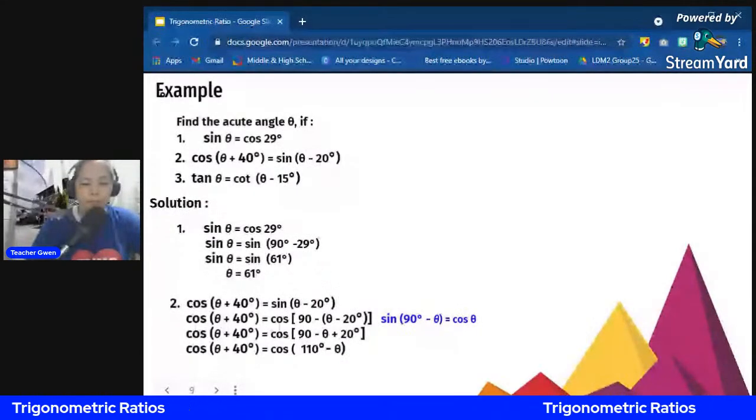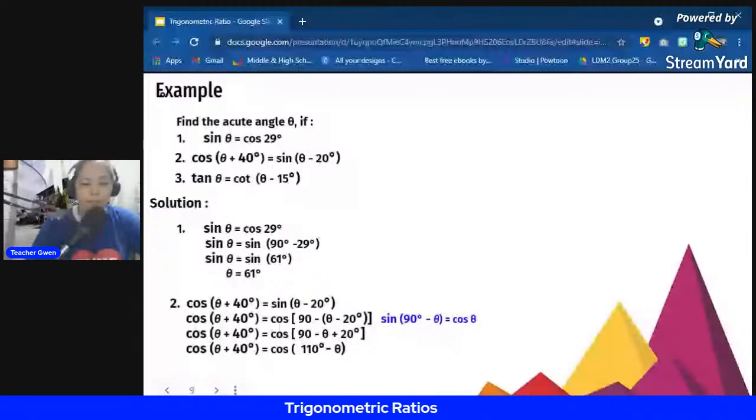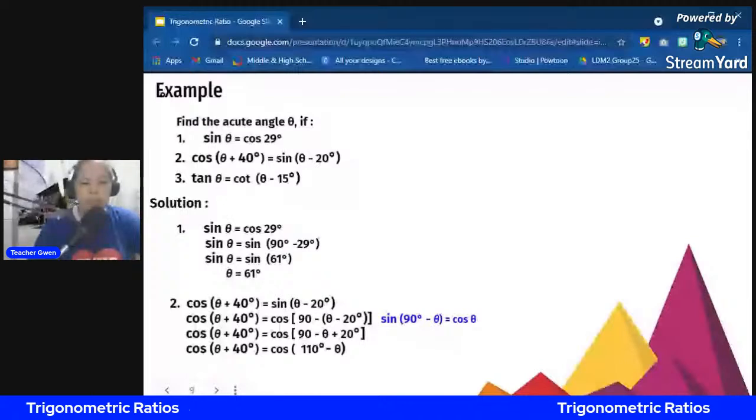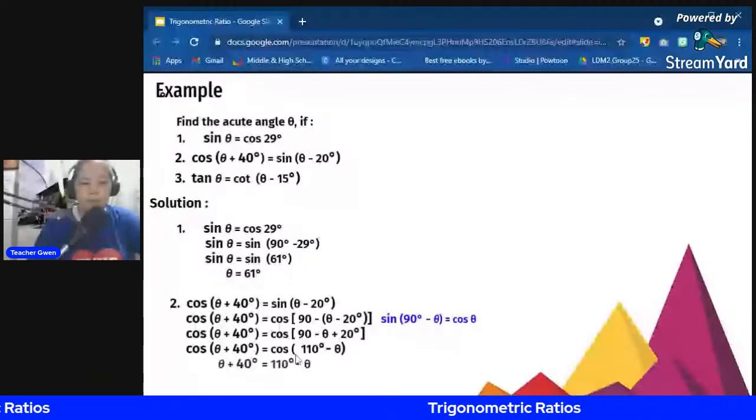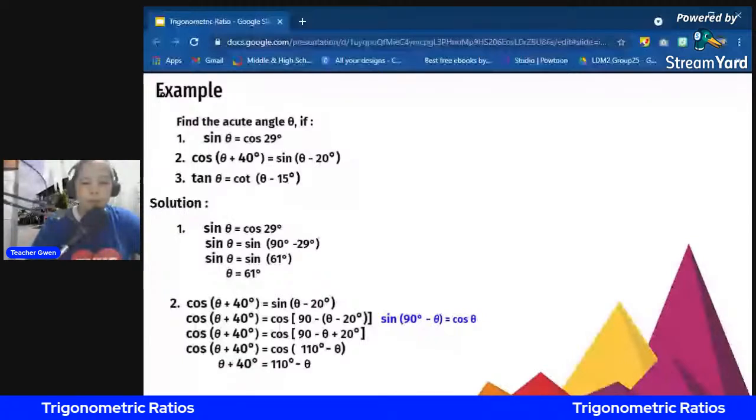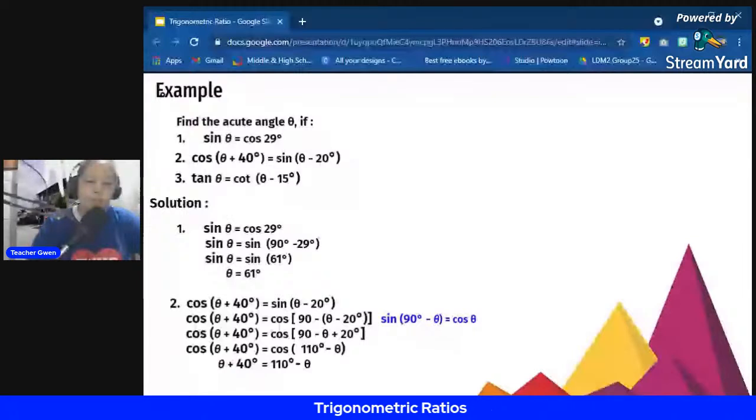Okay? So, multiplicative inverse. Okay, mawala ning cosine. Unsay mabilin? Theta plus 40 degrees is equal to 110 degrees minus theta. Now, ato dahil ni siyang applyan sa additive inverse.